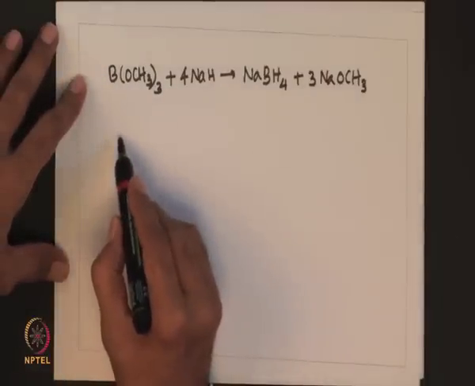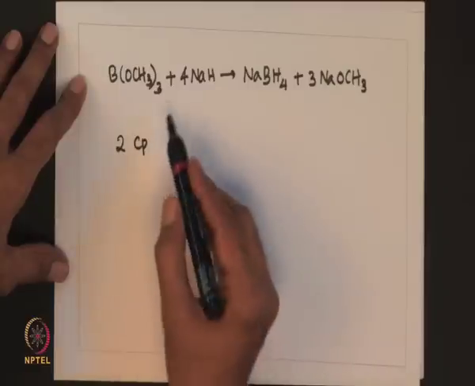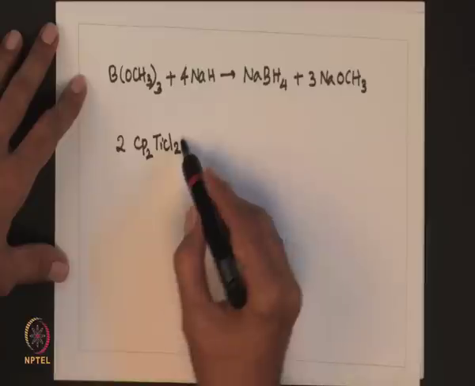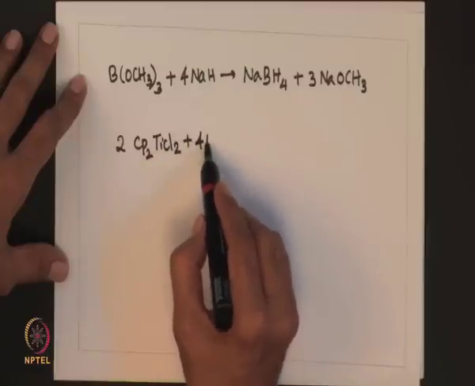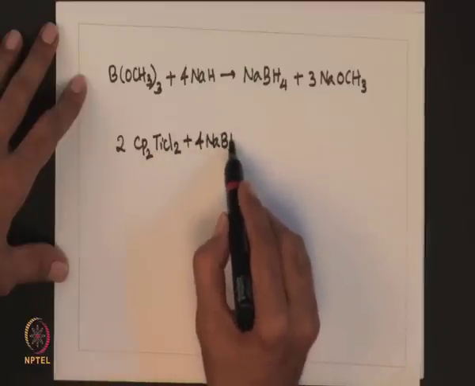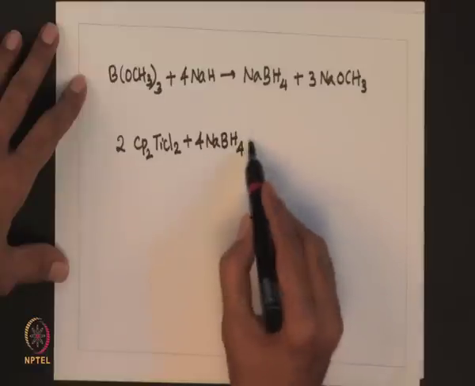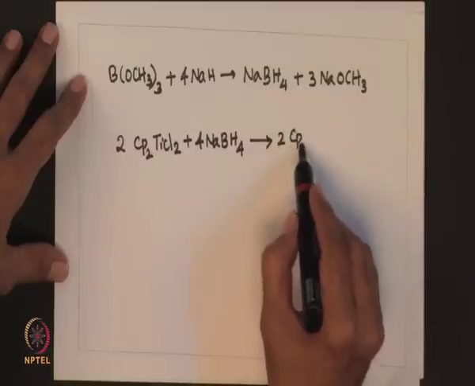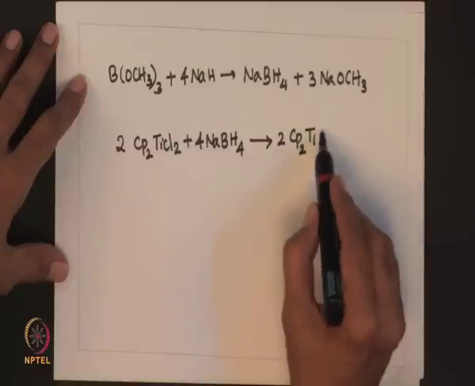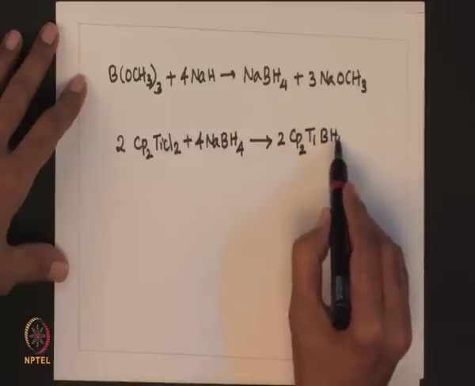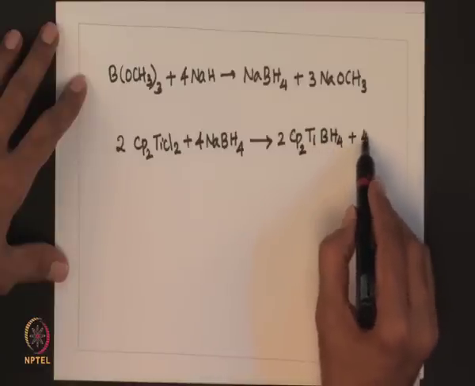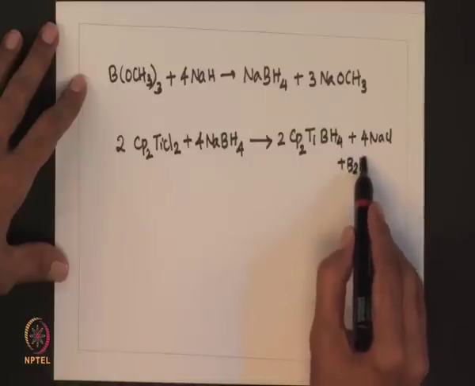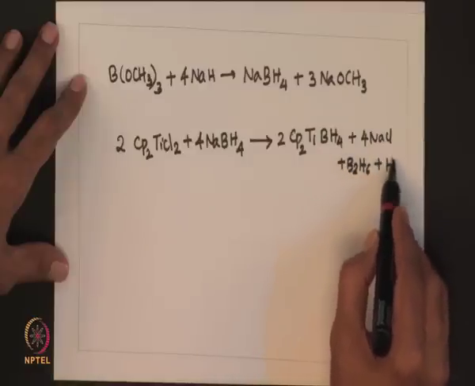For example, if you take titanocene dichloride, that is Cp2TiCl2, this one when it is treated with sodium borohydride in 1:2 ratio, this gives Cp2TiBH4 plus 4 NaCl, plus B2H6 comes out along with 1 equivalent of hydrogen.